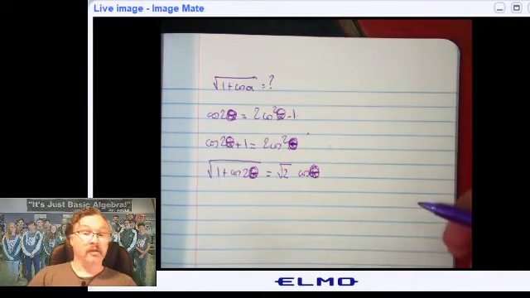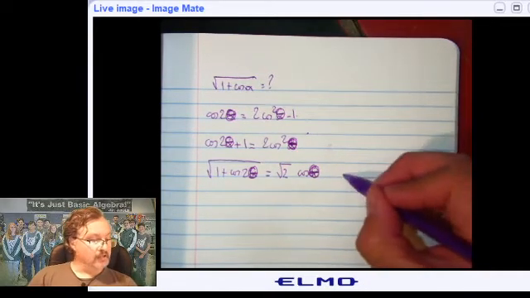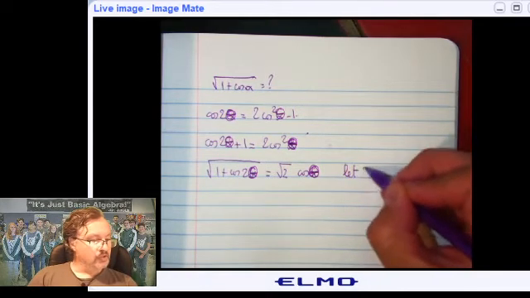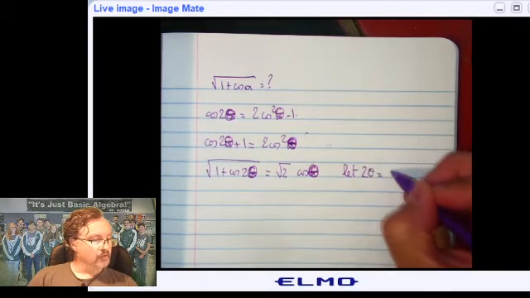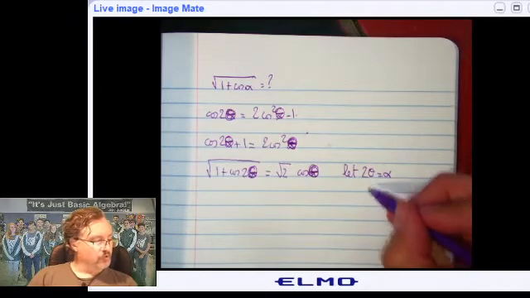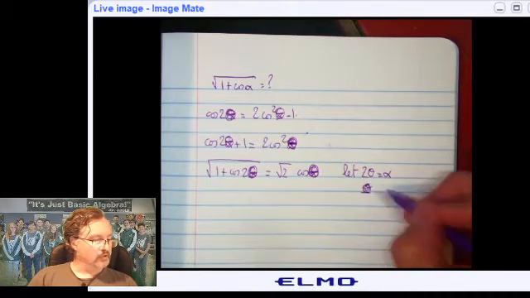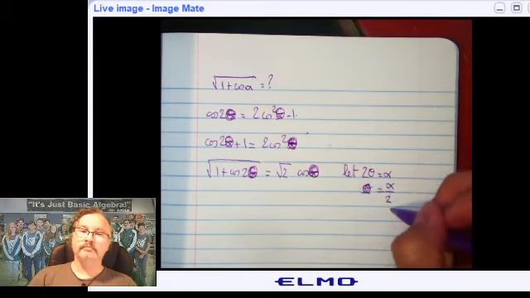Right? Now we can make another change of variable. We can say that we're going to let 2 theta be equal to alpha, which means that theta is going to be equal to alpha over 2, divide both sides by 2, right?